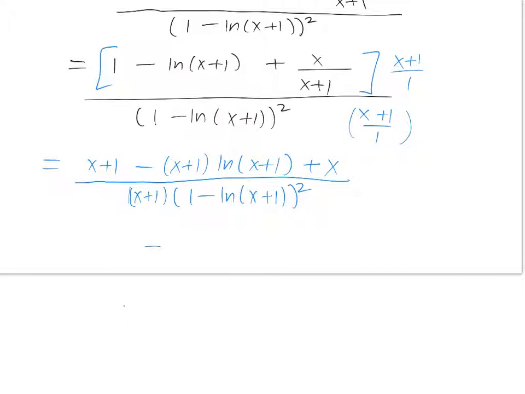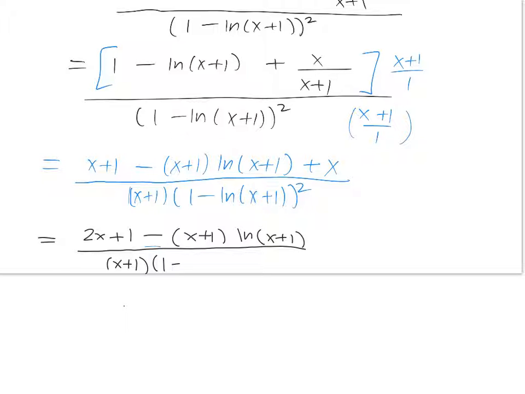What can you combine in the numerator? The x's. So 2x plus 1. I'm just going to leave it as minus parenthesis x plus 1 ln of x plus 1, all over x plus 1 minus ln of x plus 1, the whole thing squared. So there's your derivative.